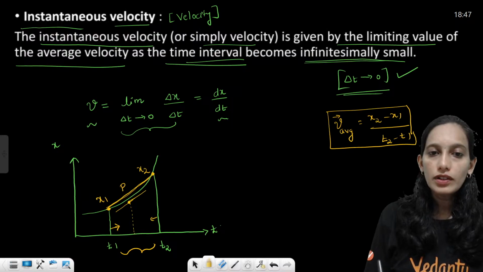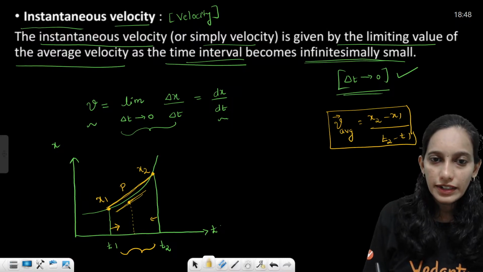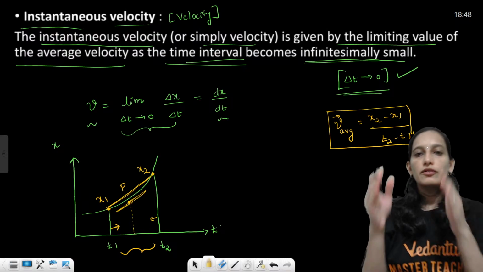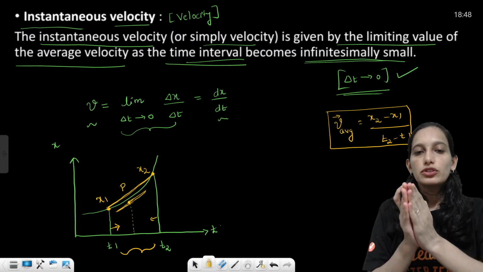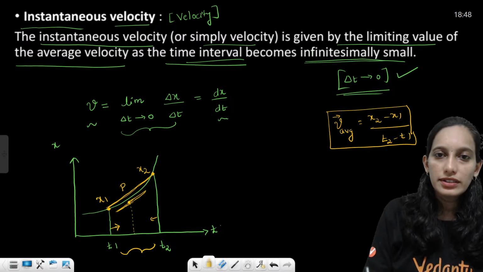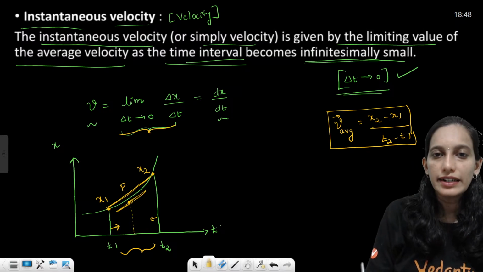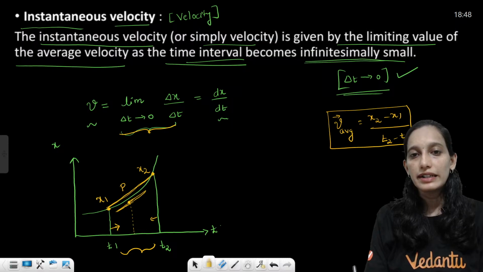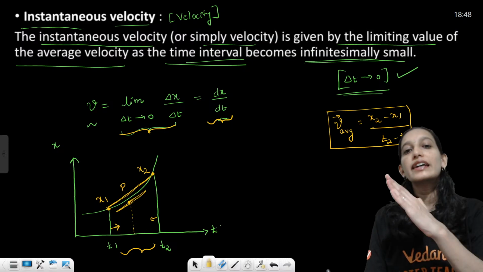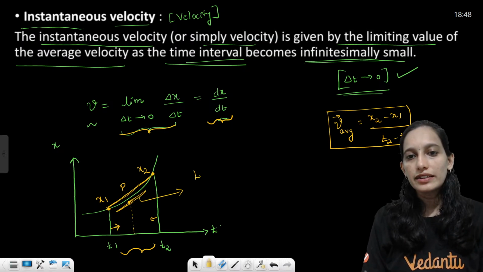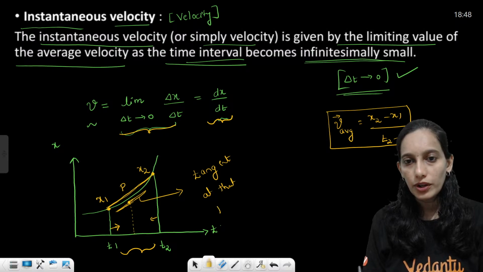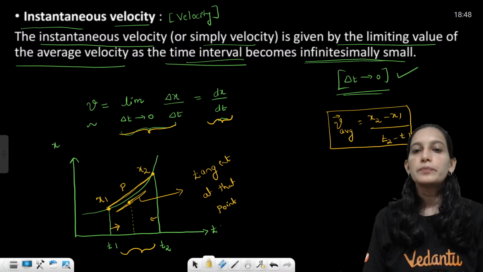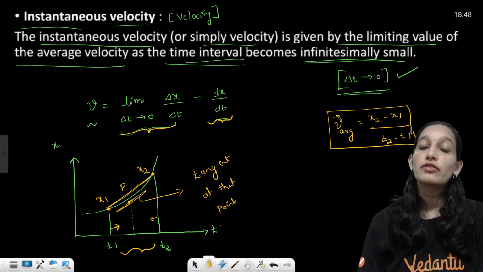So here we try to make delta t as small as possible, so that the limit as delta t tending to 0 of delta x by delta t becomes dx by dt. So dx by dt is nothing but the tangent at that point. That is the geometrical meaning of dx by dt.